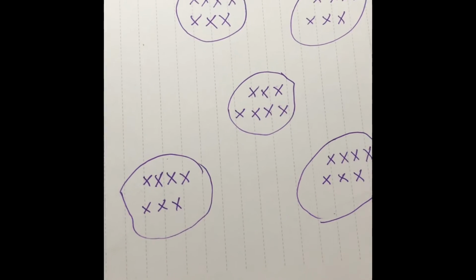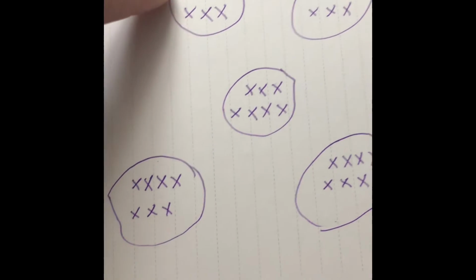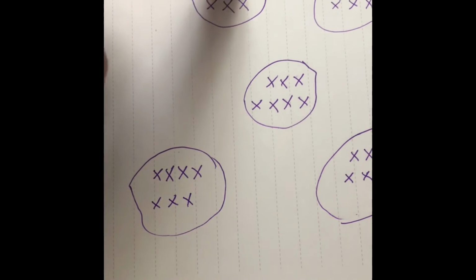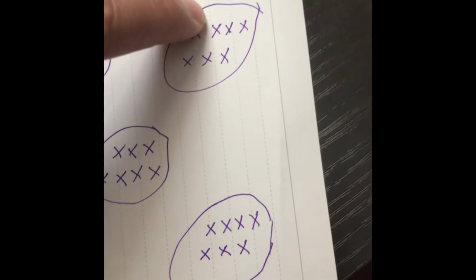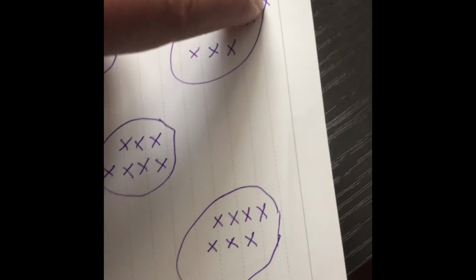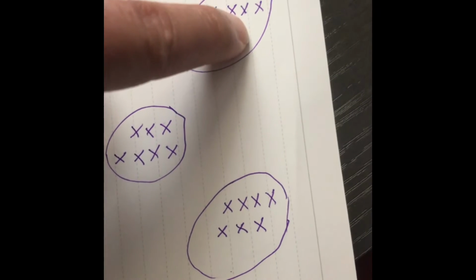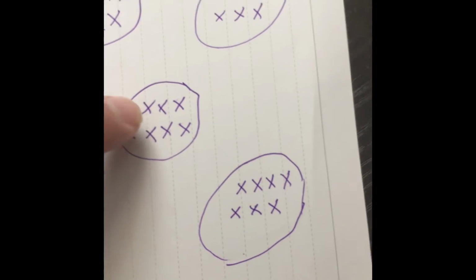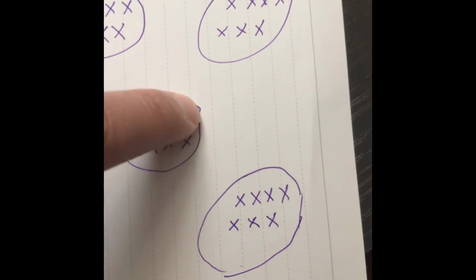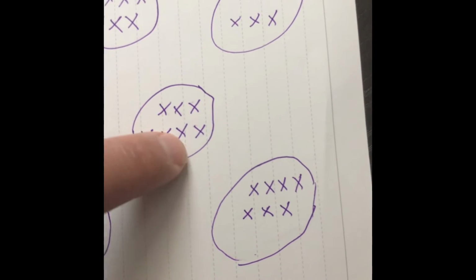Now the long way, counting each of the 7 x's in each group. 1, 2, 3, 4, 5, 6, 7. That's the first group of 7. 8, 9, 10, 11, 12, 13, 14. That's the second group of 7. Third group now. 15, 16, 17, 18, 19, 20, 21.